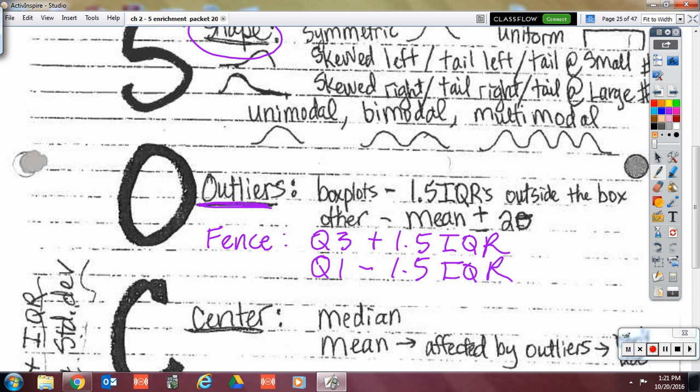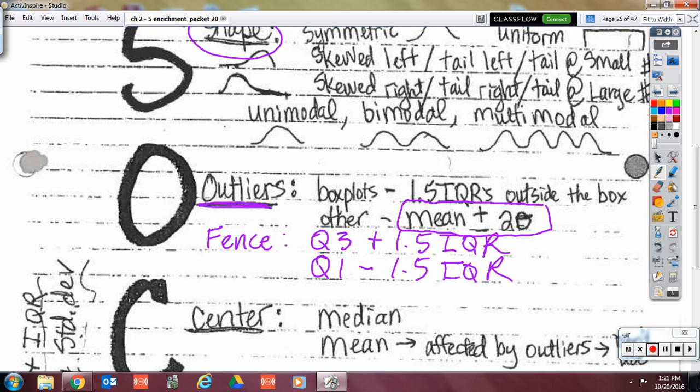If you have a box plot or you're using the median to describe stuff, you would use this. Okay, and I don't recall if I talked about this when we did standard deviation. I think I might not have. But there is a rule for using standard deviations, and it is this.